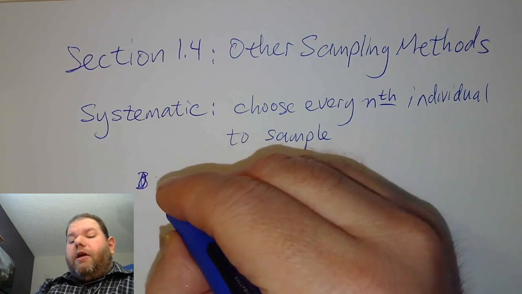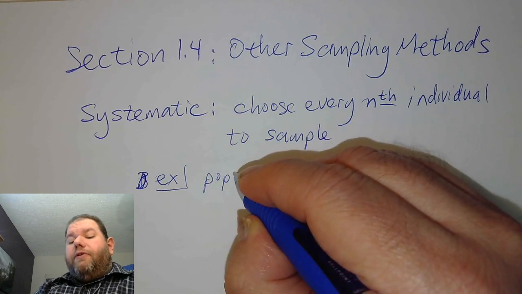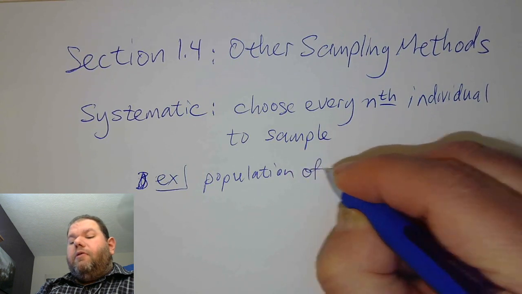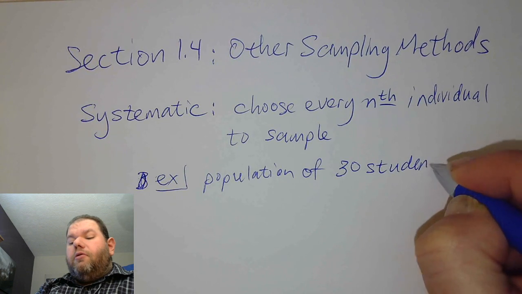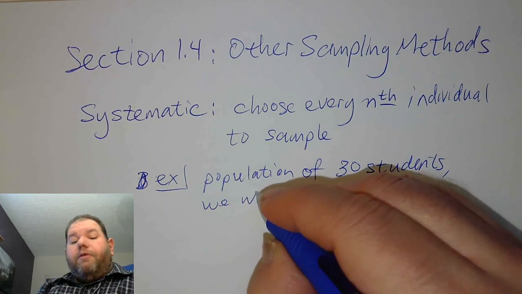So let's say we have a population of 30 students, and we want a sample of 5.